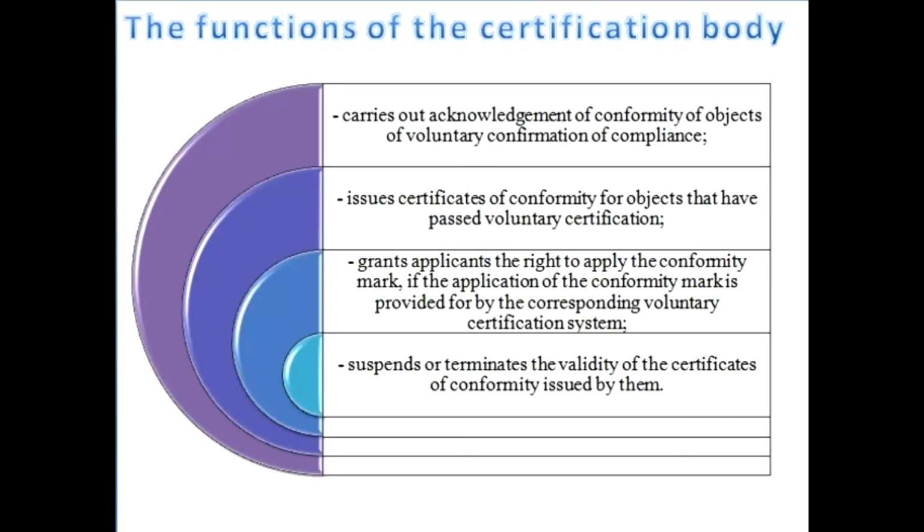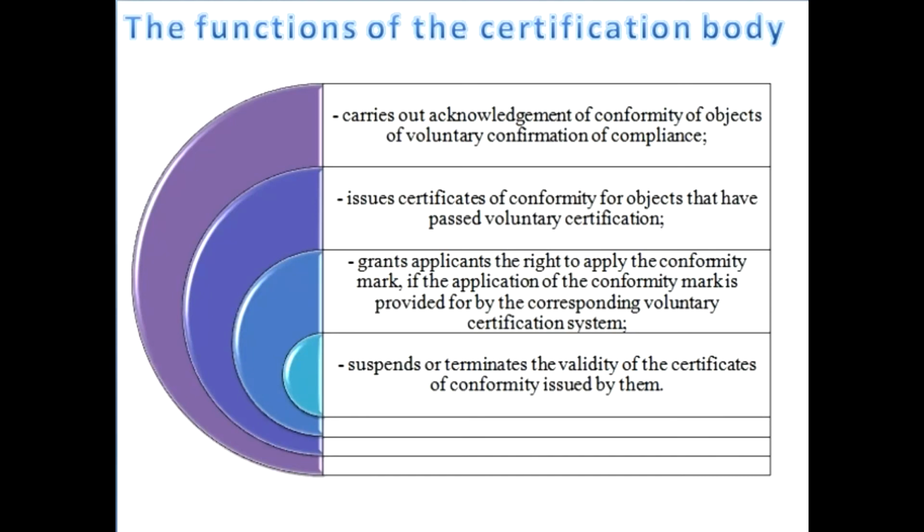The functions of the certification body: it carries out acknowledgement of the conformity of objects of voluntary confirmation of compliance, issues certificates of conformity for objects that have passed voluntary certification, grants applicants the right to apply the conformity mark, if the application of the conformity mark is provided for by the corresponding voluntary certification system, and suspends or terminates the validity of the certificates of conformity issued by them.